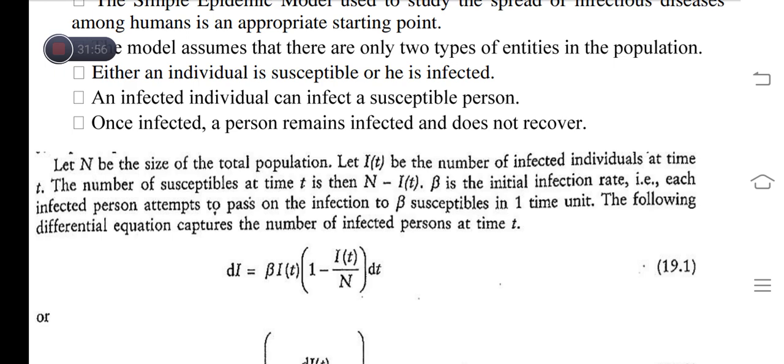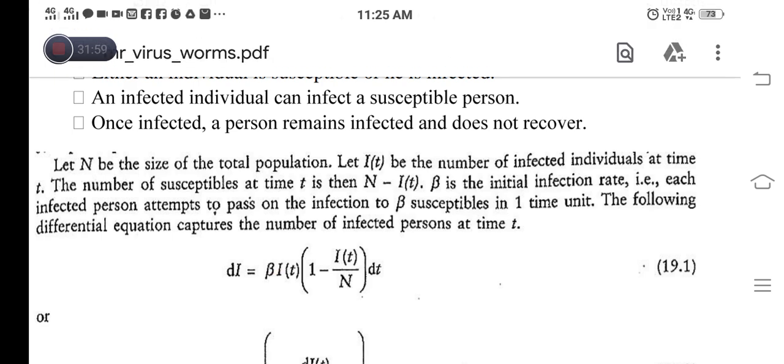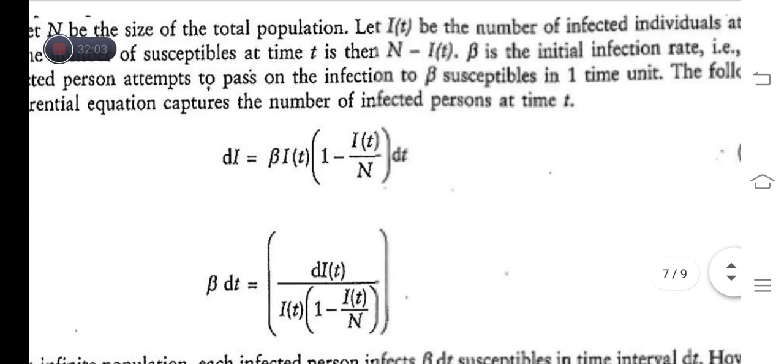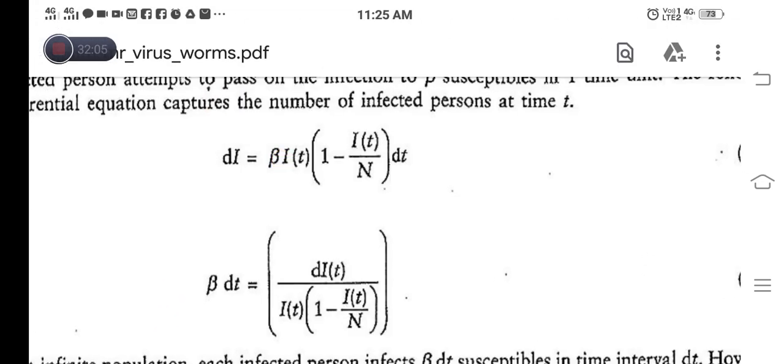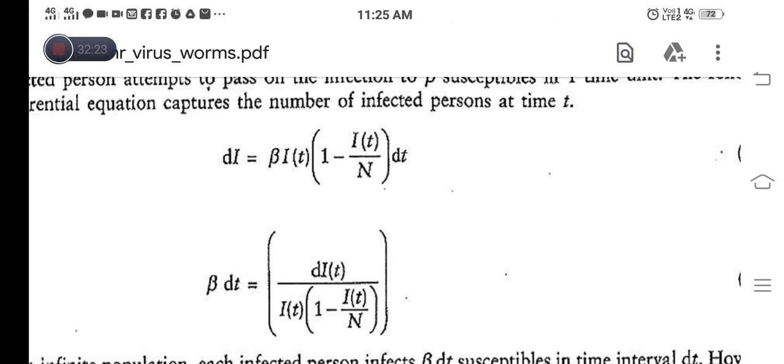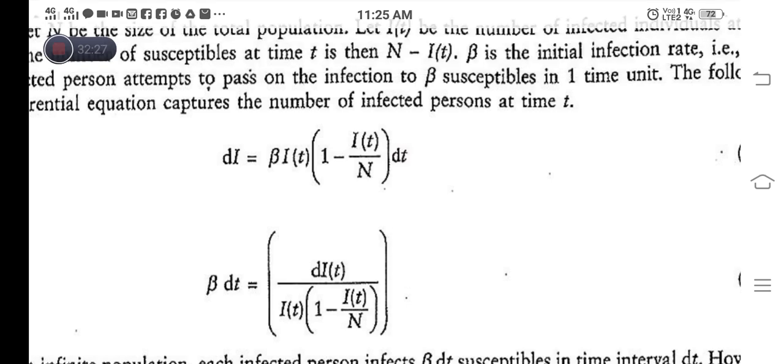So that number we are going to calculate here using this equation: dI equals beta into I of t into 1 minus I of t divided by N into dt. That is, we are finding the number of infected persons, dI, in the time interval dt.